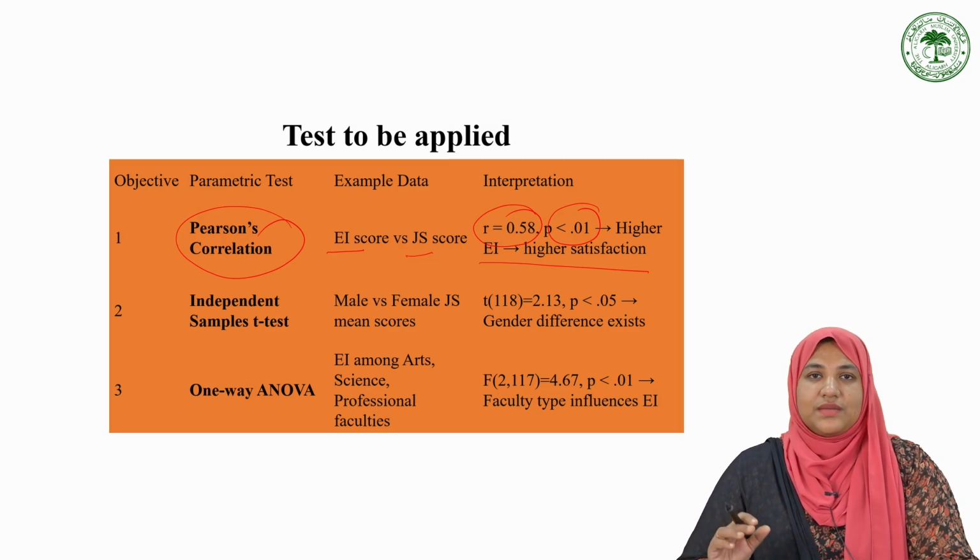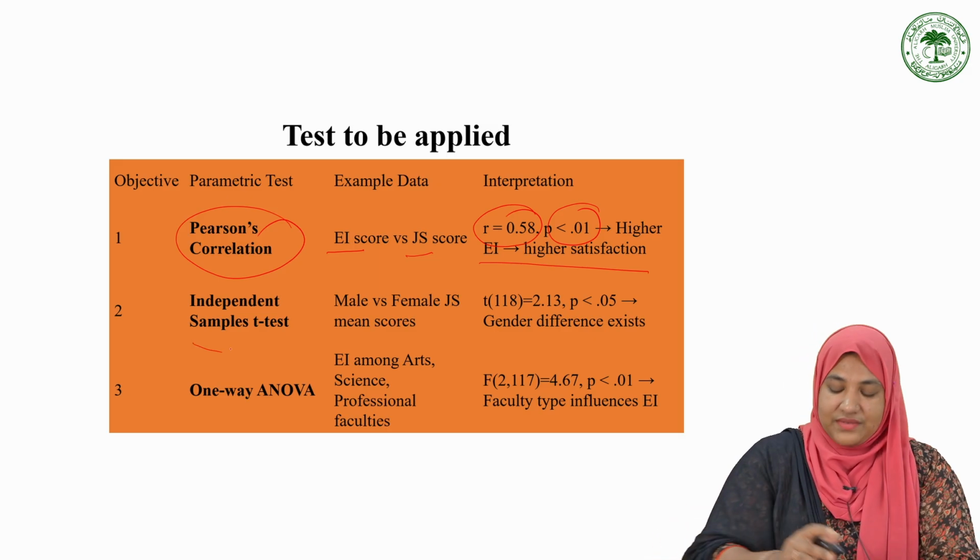That is a positive correlation. When one is becoming high, the other variable is also going high. That is, when the independent variable emotional intelligence is increasing, the job satisfaction, the dependent variable, is also increasing. That is the final output. See, for example, I have just taken a value; the output is telling that.